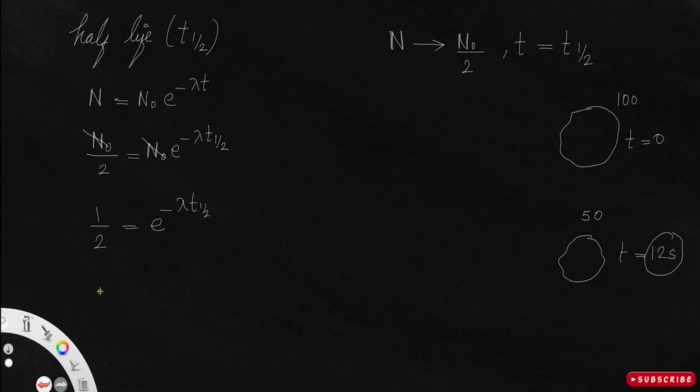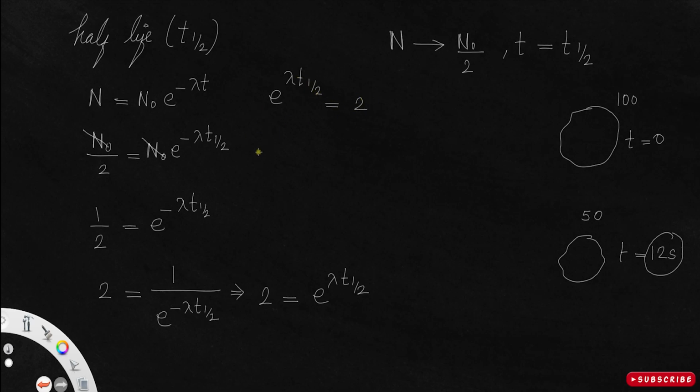Now taking the reciprocals on both sides, the reciprocal of 1 by 2 is 2. So 2 equal to 1 by e raised to minus lambda t half. This negative will get removed when we take this value to the numerator. So 2 equal to e raised to lambda t half. Or I can write e raised to lambda t half is equal to 2.